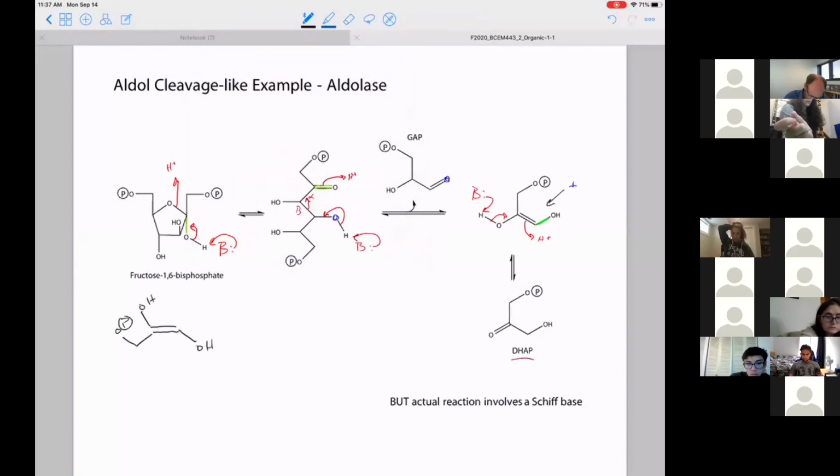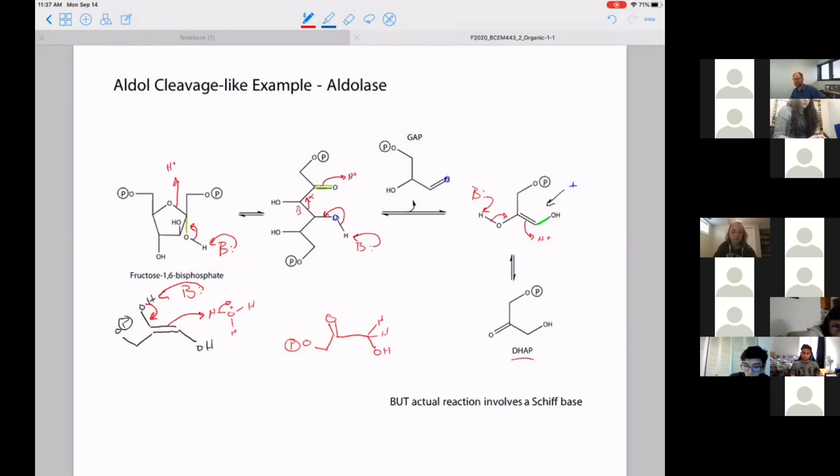So the keto-enol tautomerization is just an abstraction of this proton here. When it does, these electrons resonate to here, and then these guys go out and pick up a hydrogen from water, or this could also be a hydrogen from the base, and then you end up with this form here, O phosphate, and then OH, and then with the new hydrogen there.